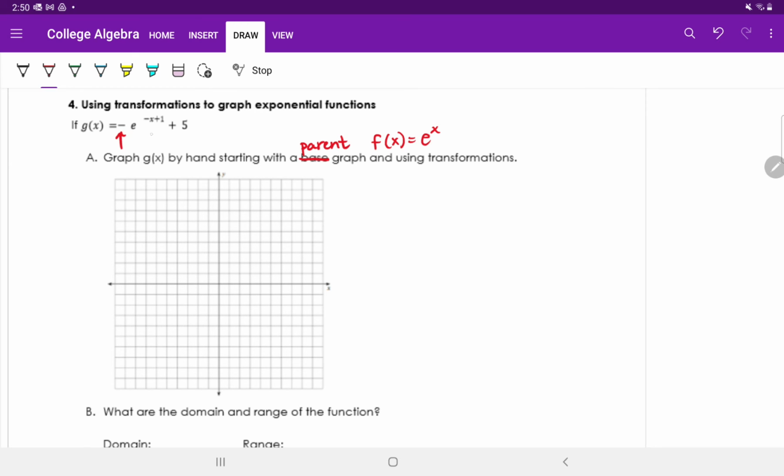So we're going to be flipping, flipping again, and shifting with transformations to go from our parent function to our final transformed graph. So this coordinate plane is going to have two pictures on it. It's going to have your parent function, and it's going to have your final transformed graph.